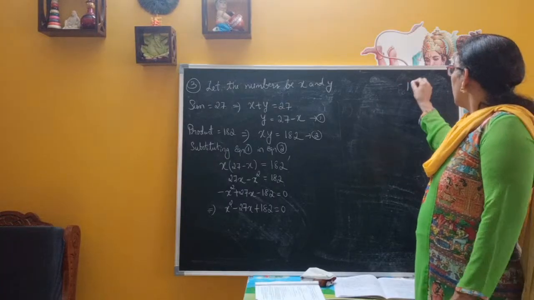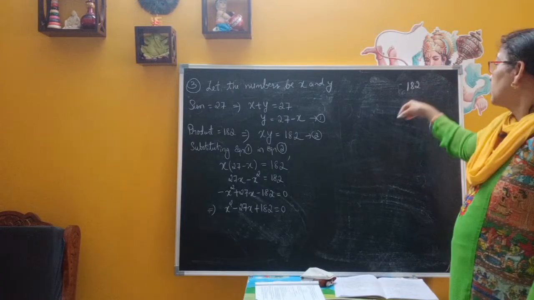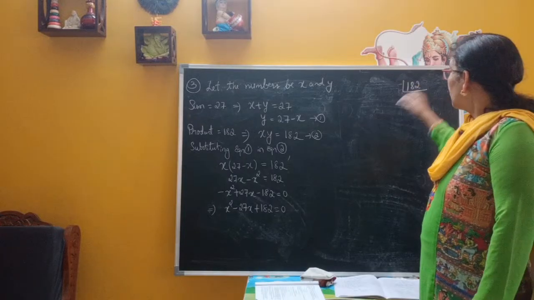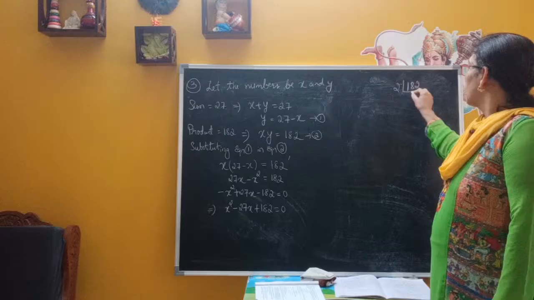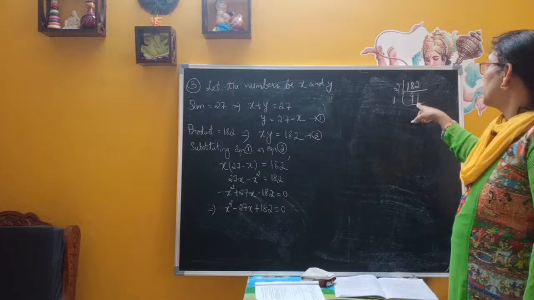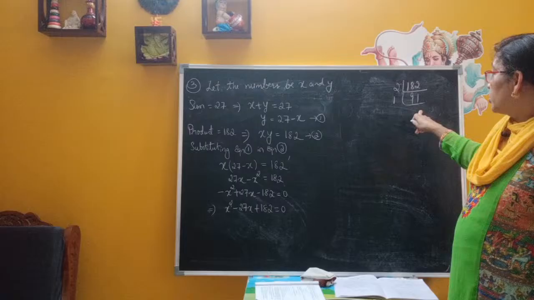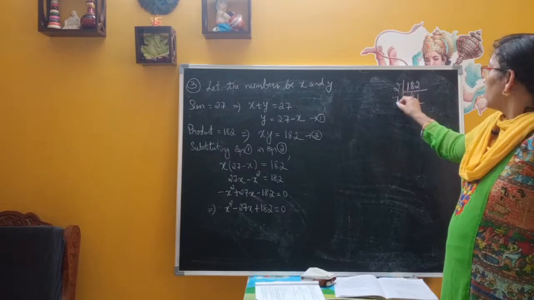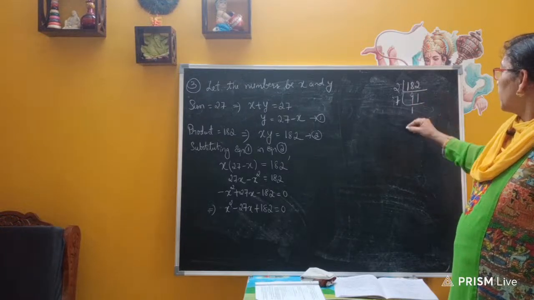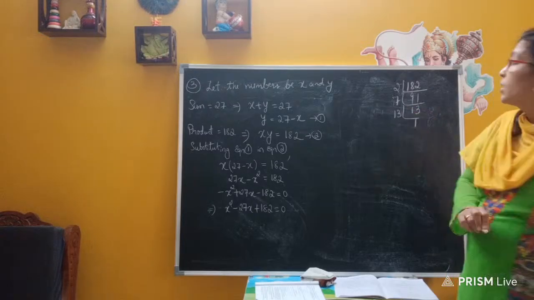Okay, so let us find the factors of 182. If you keep on finding the factors one way, you know, 1, 2, and so on. Other way is to factorize it. 2 ones are 2, 2 9s are 18, 2 1s are 2, so 91. Now which table? 13 ones, 9 ones; 7 ones are 7, 7 3s are 21, so 7 times 13. 13 is a prime number, so 13 ones are 13.